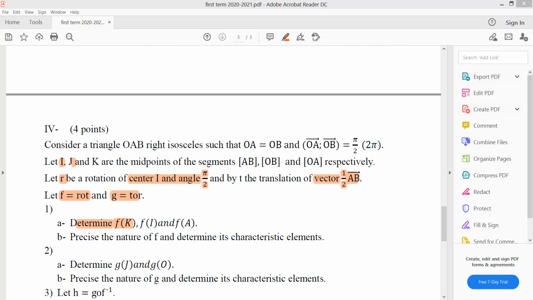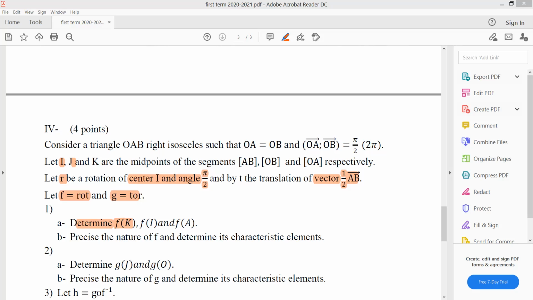I draw from k a vector equal to half AB, so the translation of k will be j. Why does vector kj equal half AB? You know from grade 8, the midpoint theorem: the segment joining two midpoints is parallel to AB and equal to its half. So the translation of k is j.